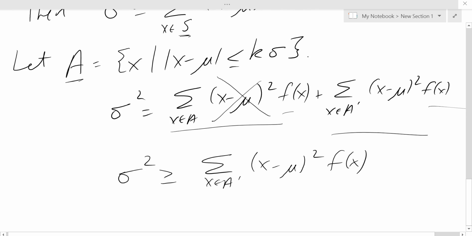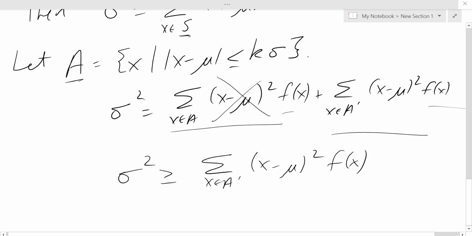Now, why did I do it that way? Anything in A, its absolute value of x minus mu is less than or equal to k times sigma, right? So if you're in A prime, what can you say about the absolute value of x minus mu? It's greater than, right? Okay. So what about if I square that? What can I say about x minus mu squared?